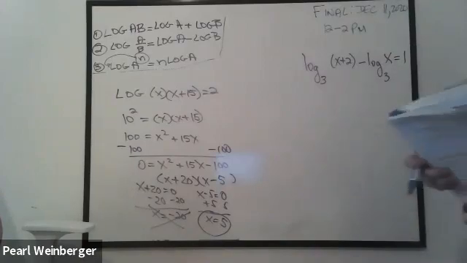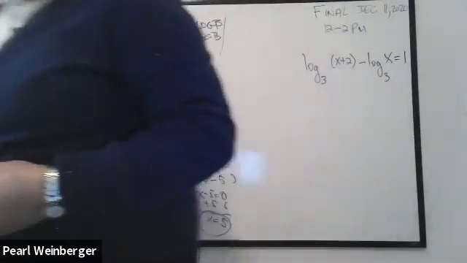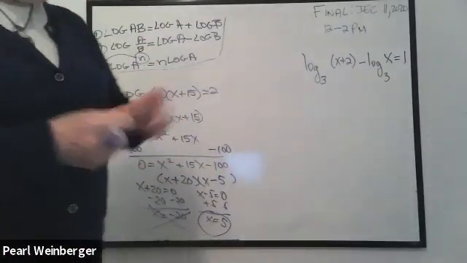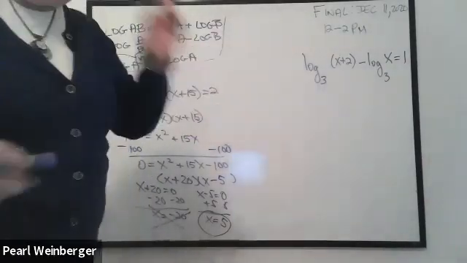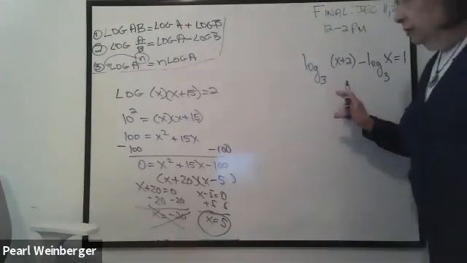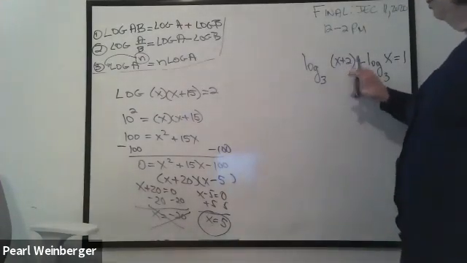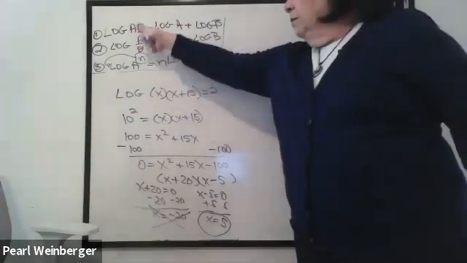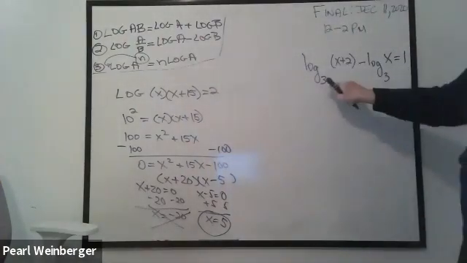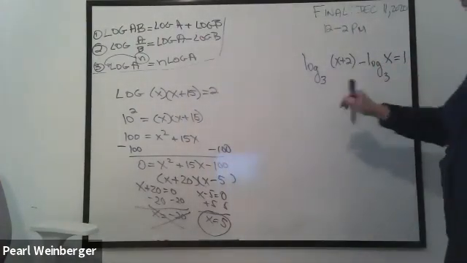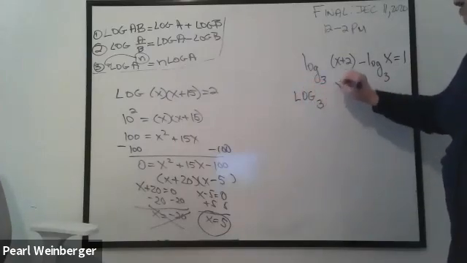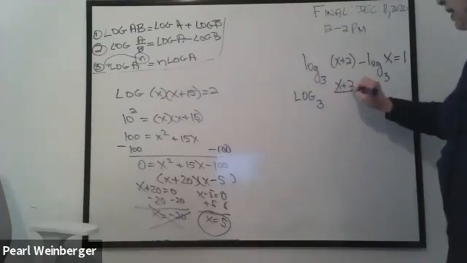This is again a similar type question, except instead of having the two logs being added, now we have the logs being subtracted. And if the logs are being subtracted, that must mean that the operation is not multiplication, but the operation is division. In other words, when I go to contract these into a single log, this will give me log base 3 of x plus 2 divided by x.